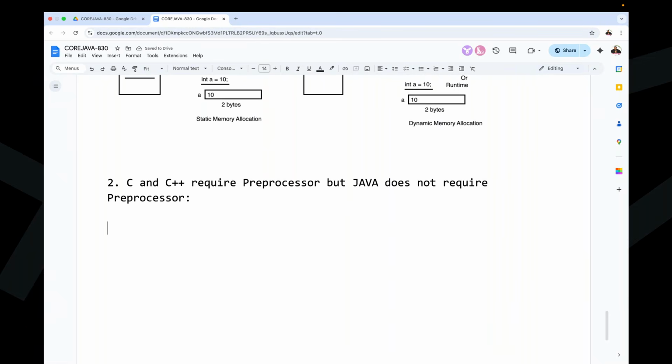Now try to understand the point. But anyway, I will explain each and every content inside this. But understand it: C and C++ require preprocessor, but Java does not require preprocessor. If you say yes, then I'll move forward. Everybody respond for me.